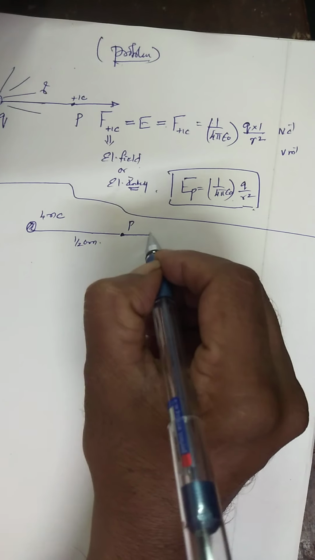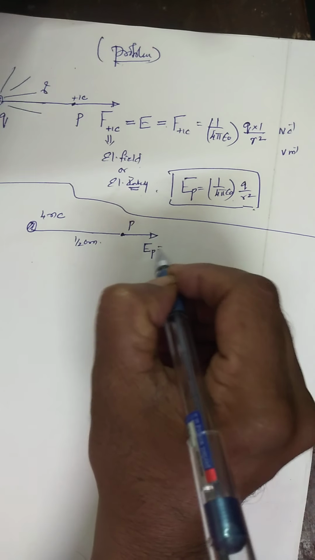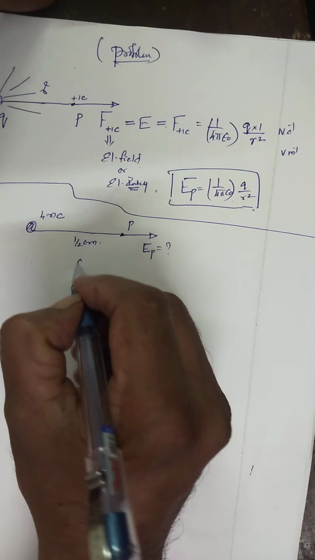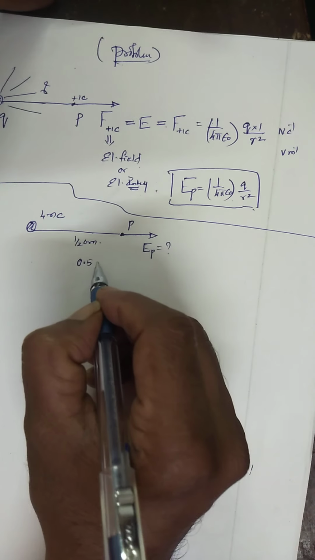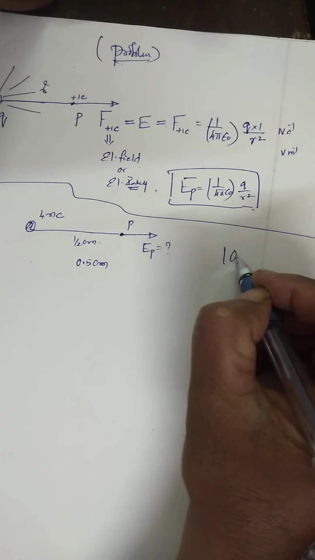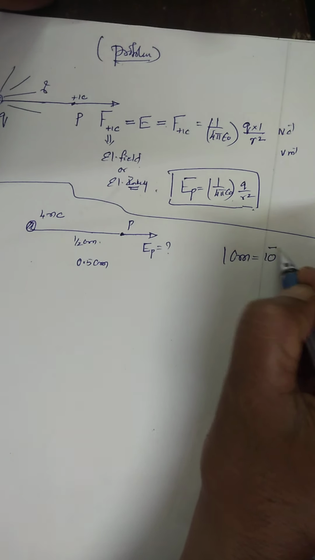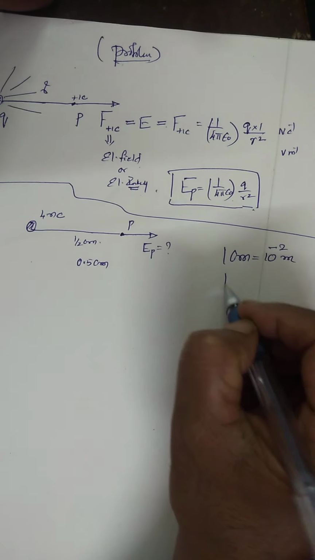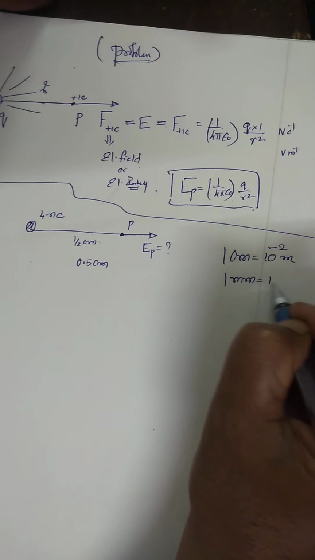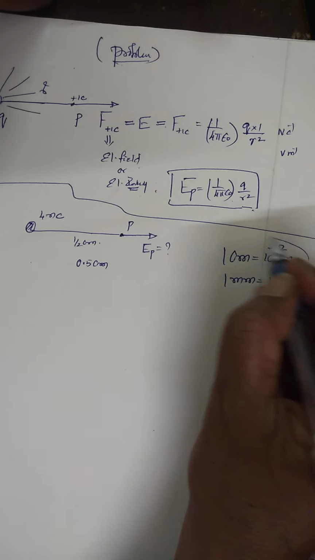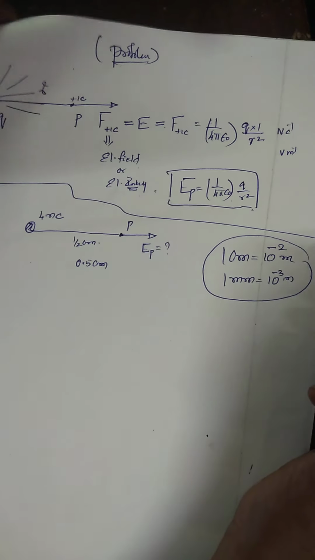What is the electric field at this point? What is half centimeter? 0.5 centimeter, correct? See, 1 centimeter is equal to 10 to the power of minus 2 meter. 1 millimeter is equal to 10 to the power of minus 3 meter. You remember this? Understood?